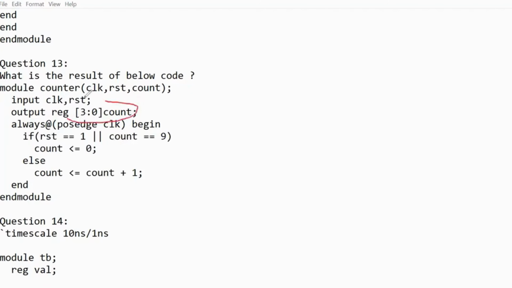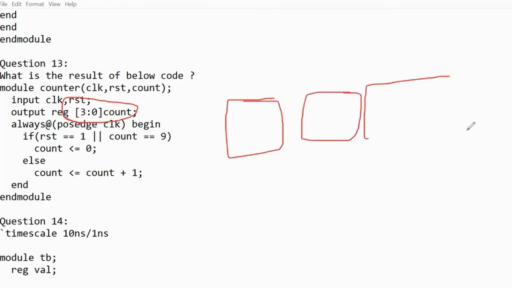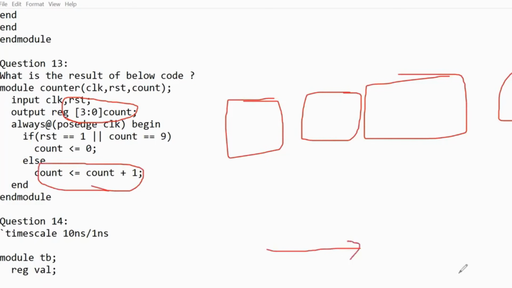What is the size of the counter? 4-bit size. 4-bit size means it has 4 flip-flops. What type of counter? Plus 1. Plus 1 means it is incrementing, an up counter.